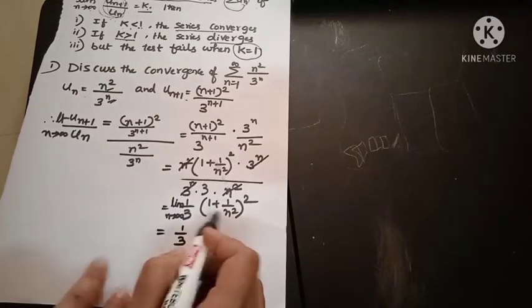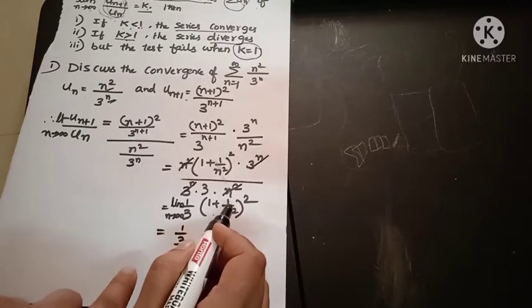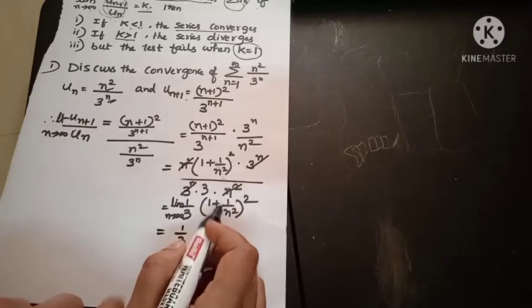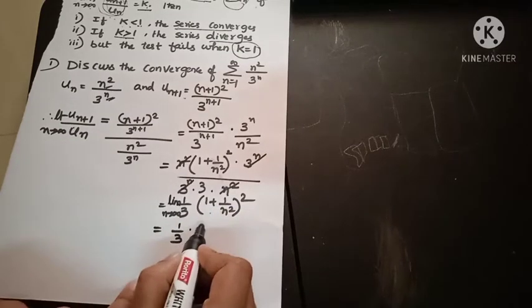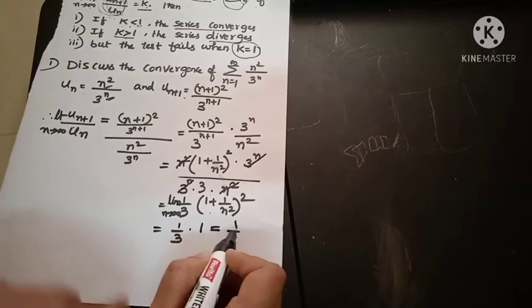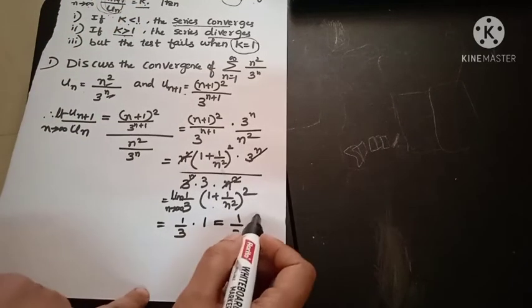If you apply infinity here, what you get is 1 by infinity, but 1 by infinity is 0. 0 plus 1 is 1, 1 whole square is 1. So this is nothing but 1 by 3, and this is the value of k. k is 1 by 3, which is less than 1.